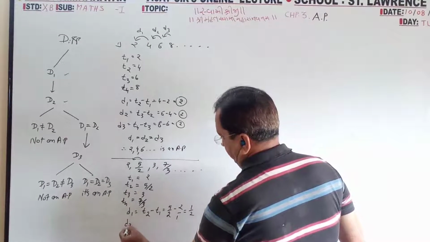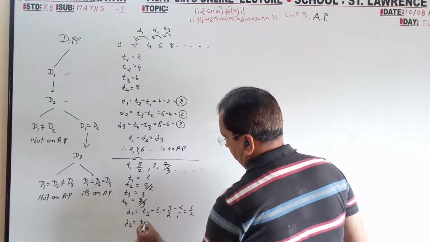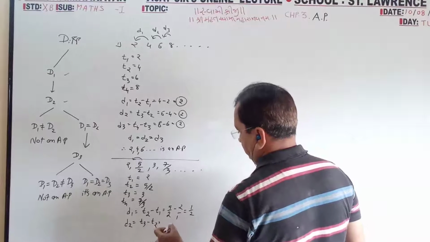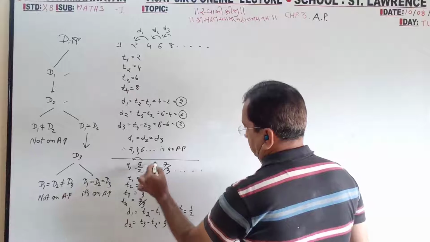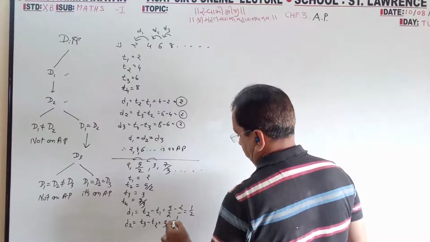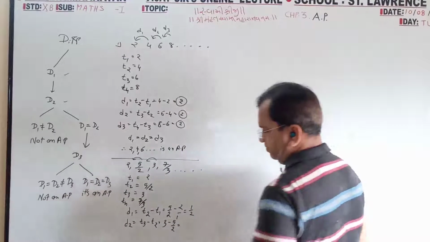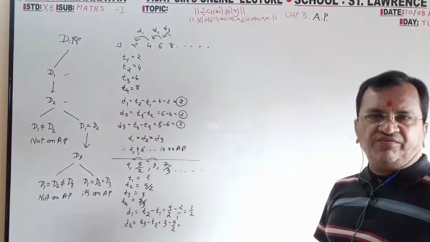Now D2, T3 minus T2. Three minus 0.5 is 0.5.